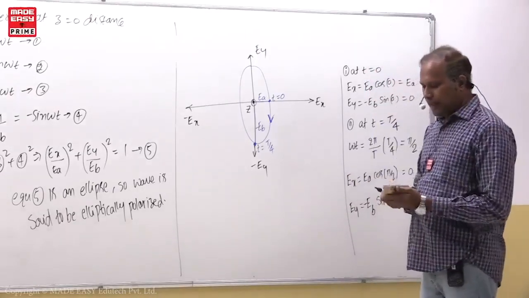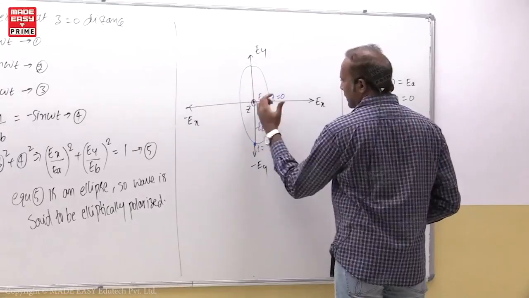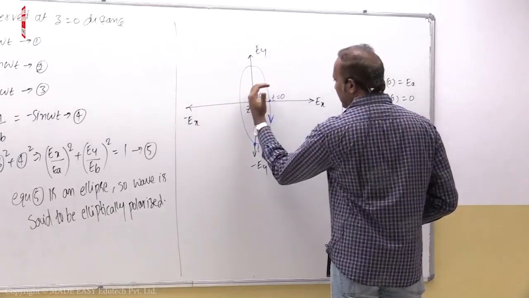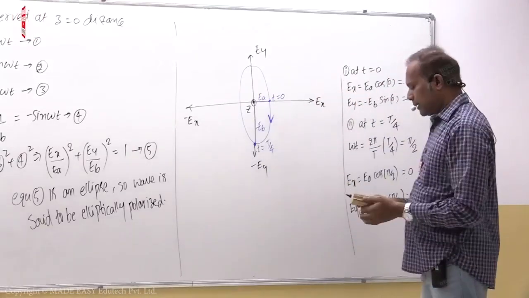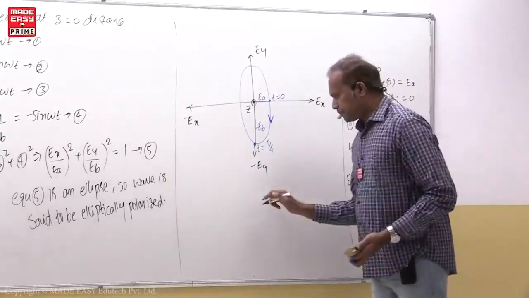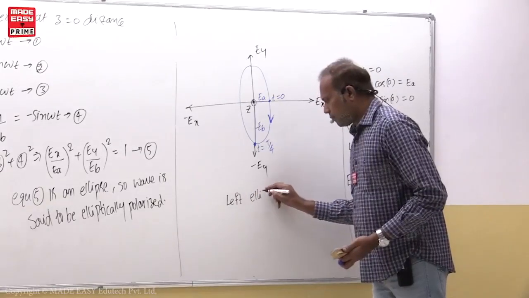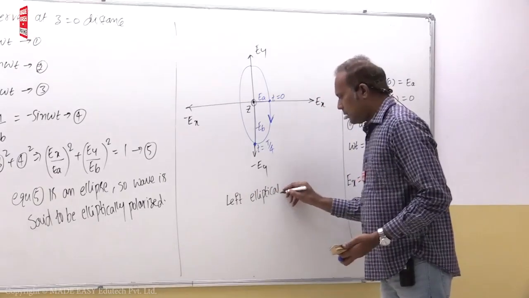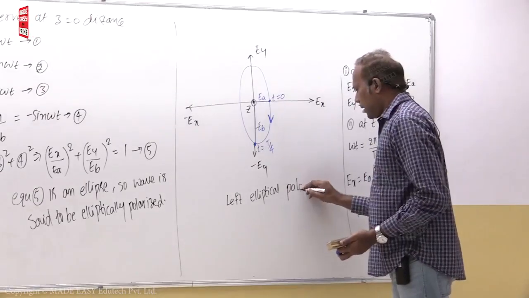You put the left hand thumb in the wave propagation direction, that is the z direction. Then these closed fingers are in the time increasing direction. So this is left elliptical polarization, LEP, left elliptical polarization.